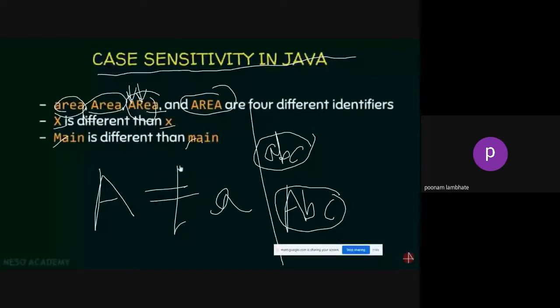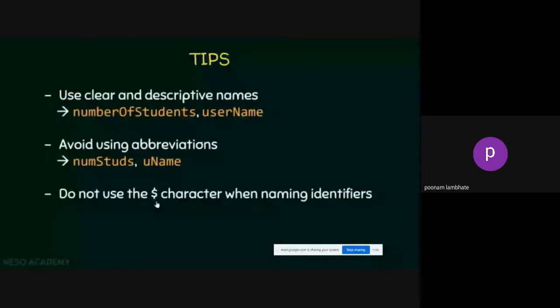Now some tips on how you'll name the variables. You must name them clearly, with a descriptive name. For example, if you want to store the username of some user, then call that variable username. So you can write int username equal to some value.